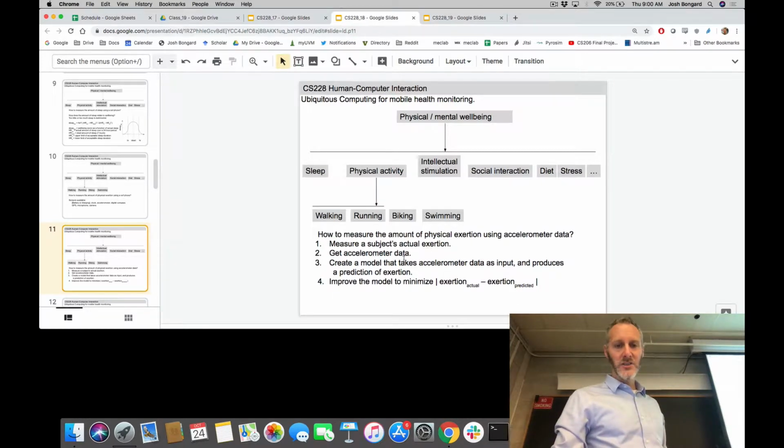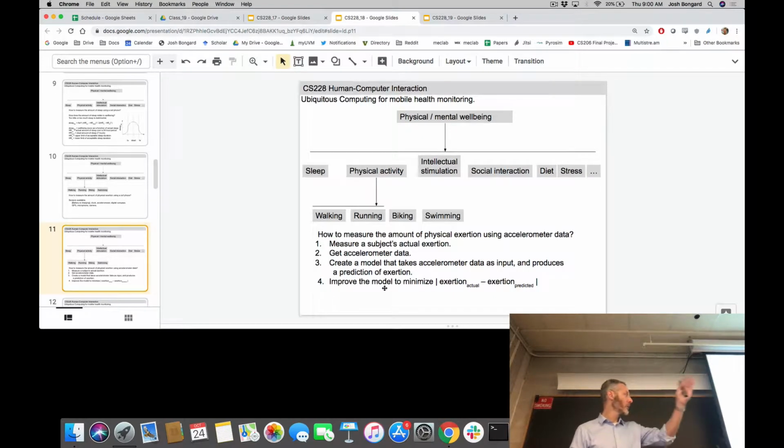We're going to get actual exertion. Then we're going to get raw acceleration data. We're going to, again, create a model that's going to take as input this acceleration data and produce as output a prediction about calories burned. And we are then going to try and use machine learning as usual to try and minimize prediction error of the model.